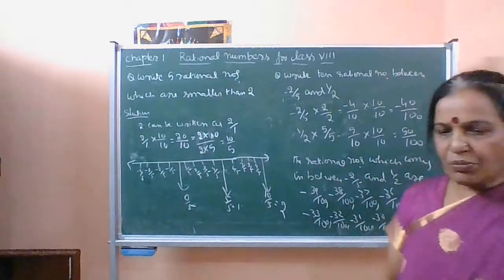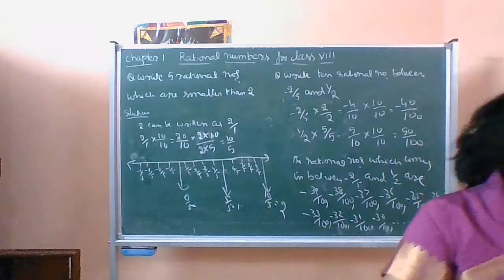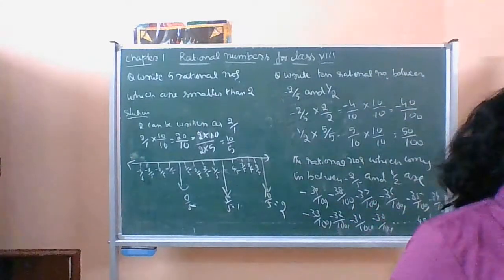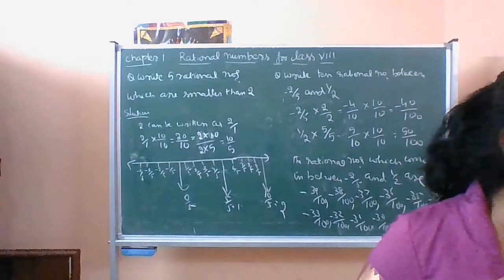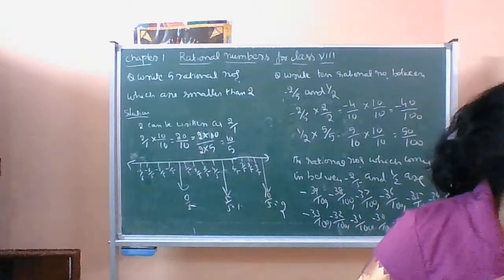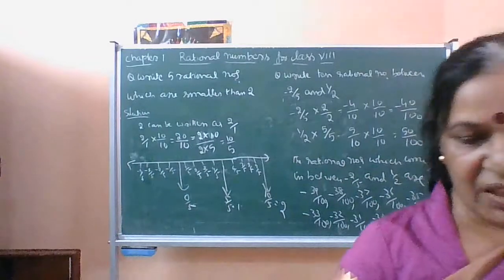Similarly, there is one more question from the textbook, that is: find 5 rational numbers between 2 by 3 and 4 by 5.